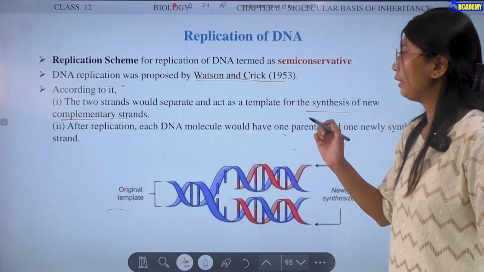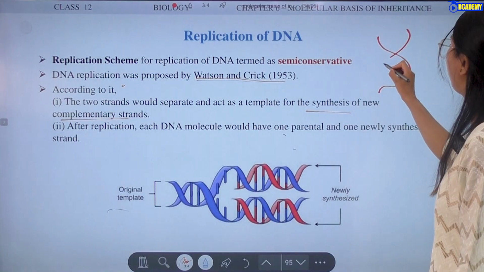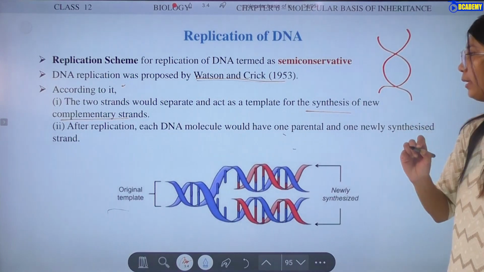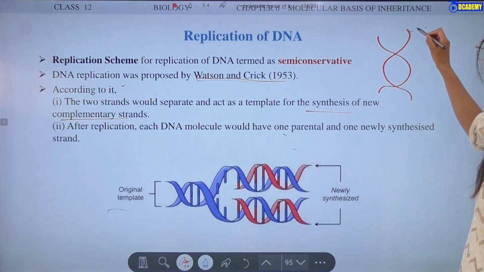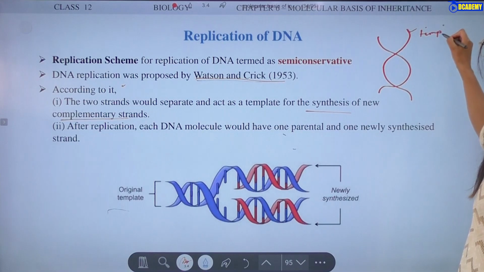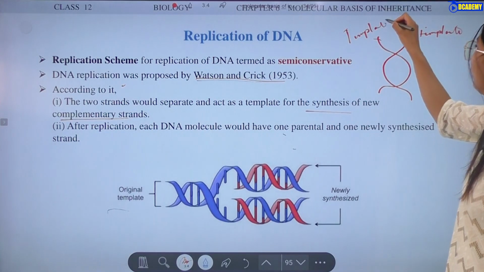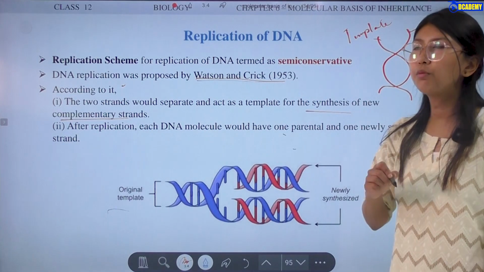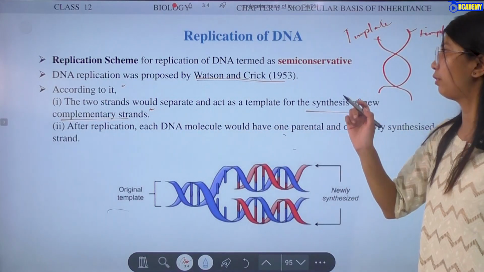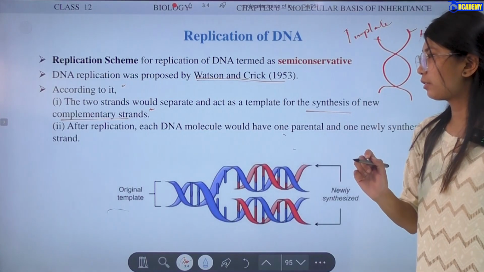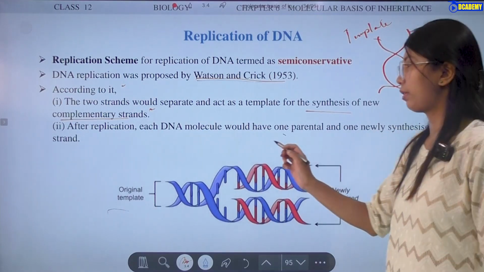This is the semi-conservative model. Each DNA strand acts as a template for the synthesis of a new complementary strand. After replication, each DNA molecule would have one parental and one newly synthesized strand.